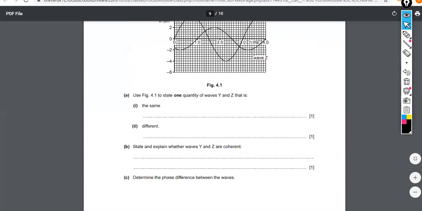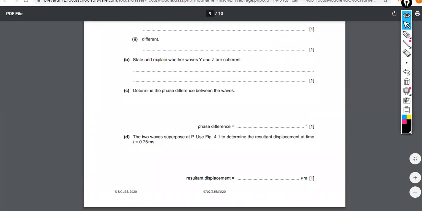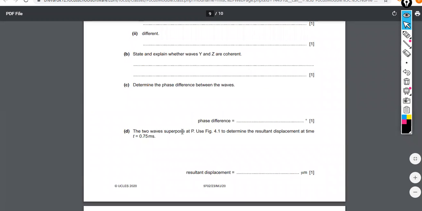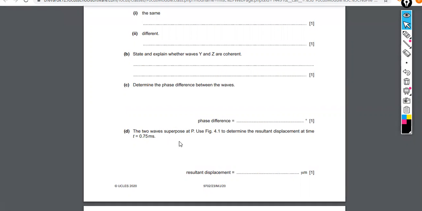And so our job here is to apply the principle of superposition, which you should have in your notes. The principle of superposition states something like, when two waves meet at a point, the resultant displacement is the algebraic sum of the displacements of the individual waves. Some statement like that in your notes. And so that's what we're doing here.